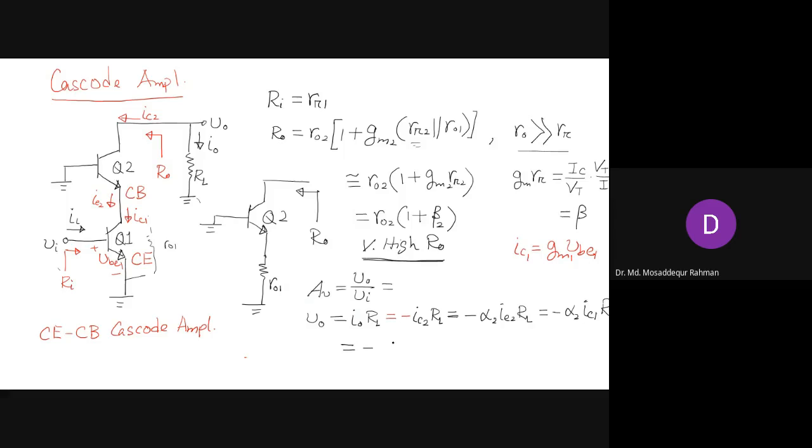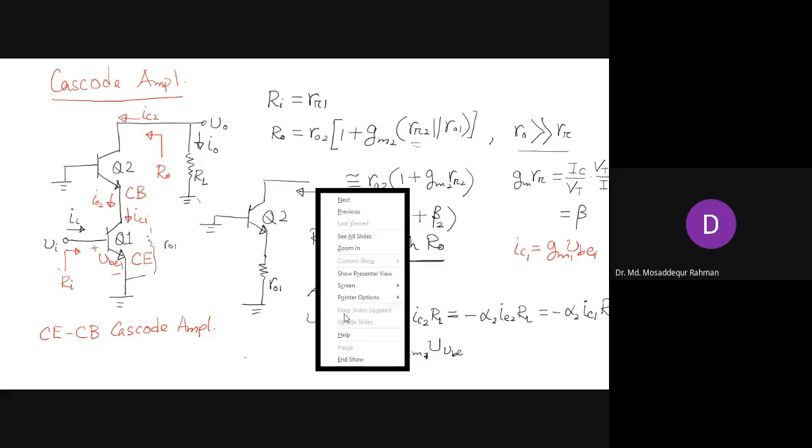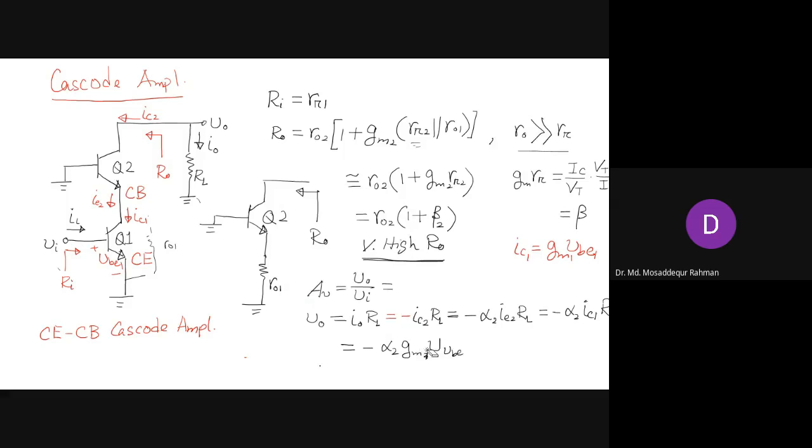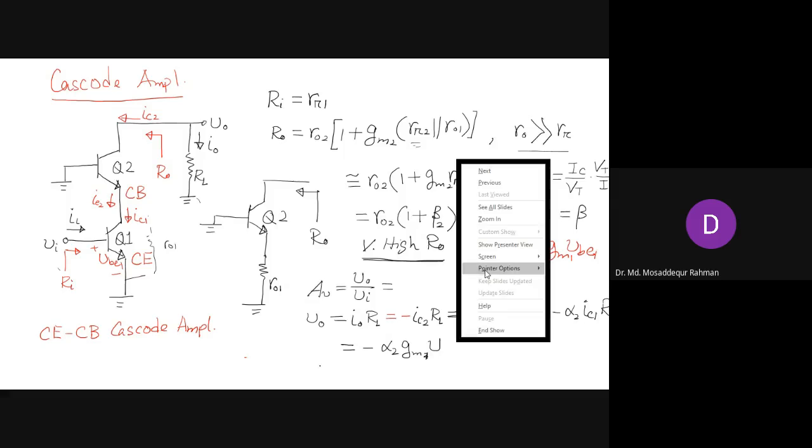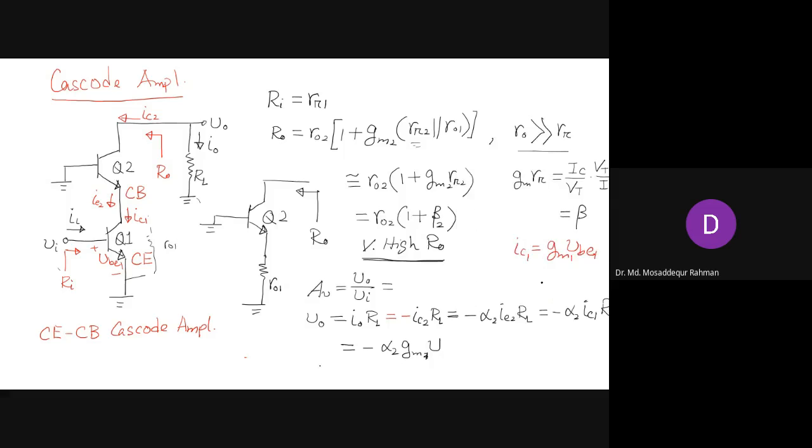So we have minus alpha 2, GM1 VBE1, that times RL.